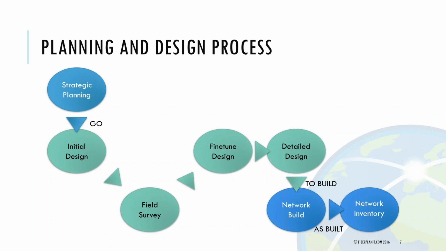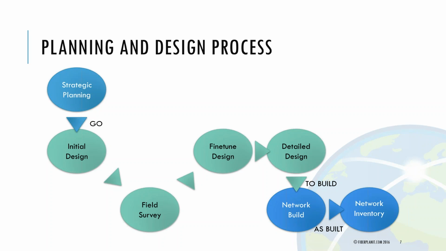You define your design rules that you want to use, so the architecture that you want to build out, and also decide where you want to go and what time you want to go there. So you put together your plan for the coming years of your rollouts.